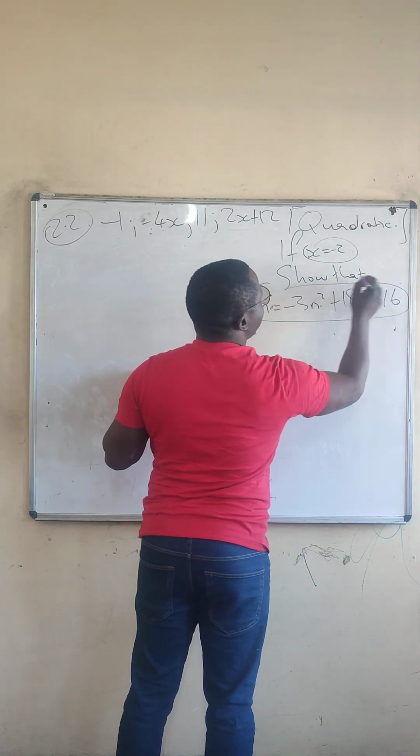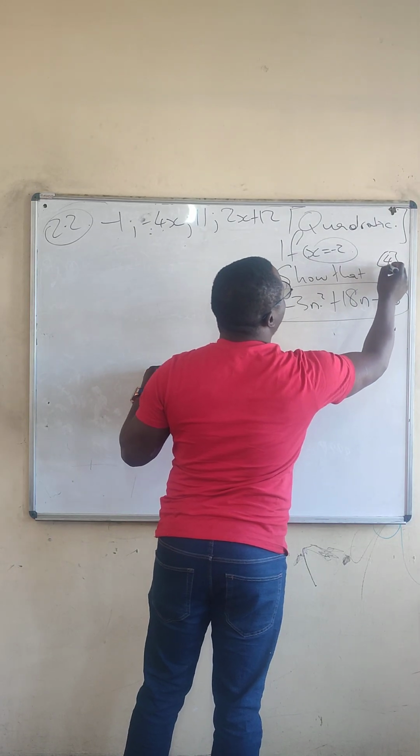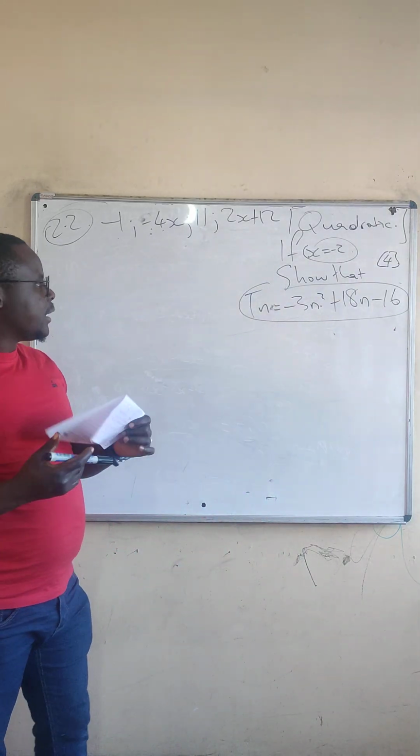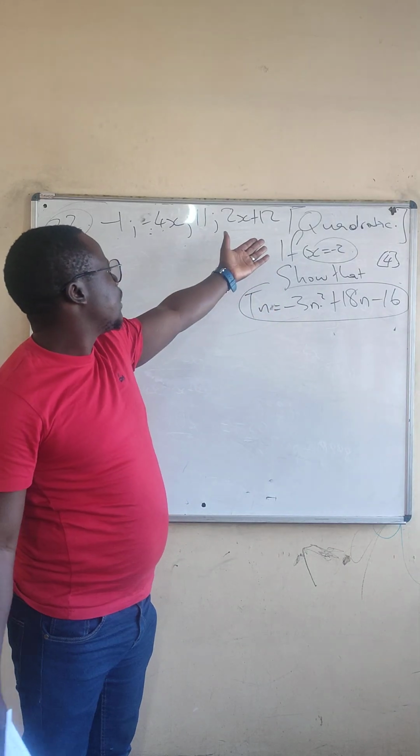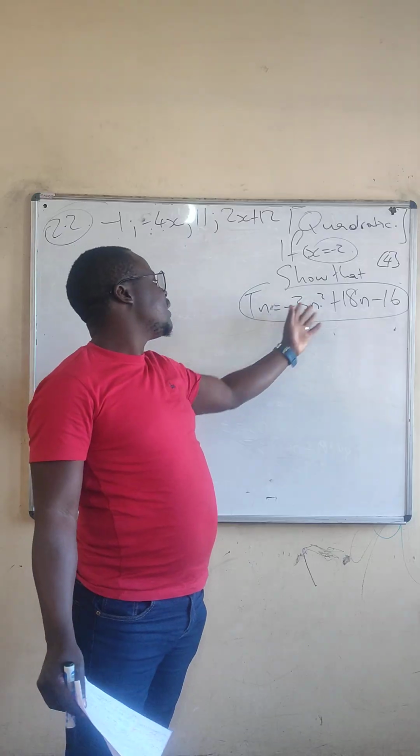A question for 4 marks at most. If x is minus 2, you have the sequence. Show that the nth term is found by this.